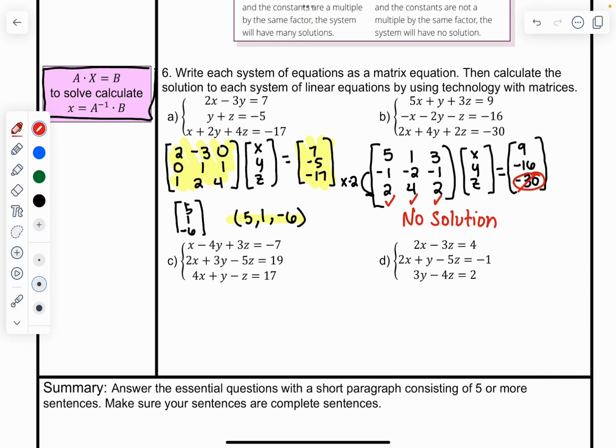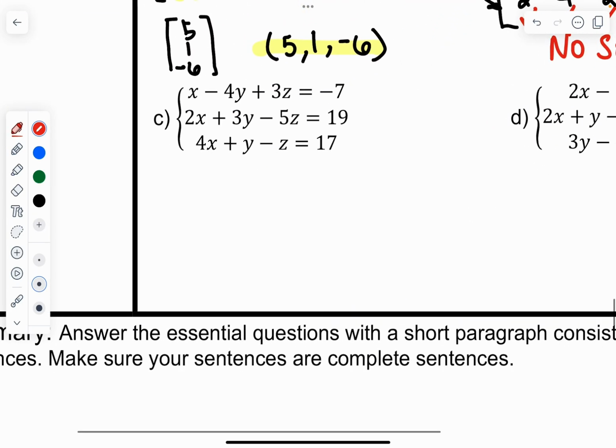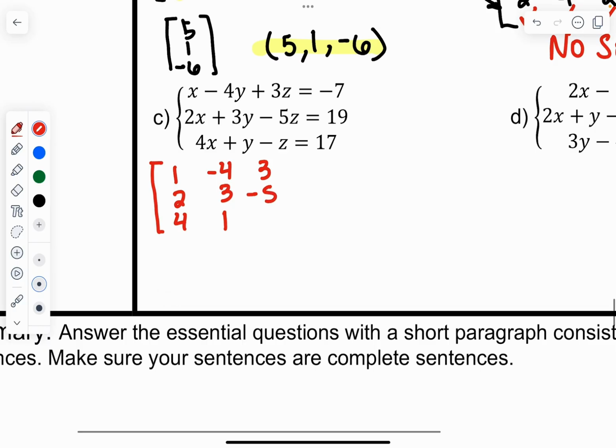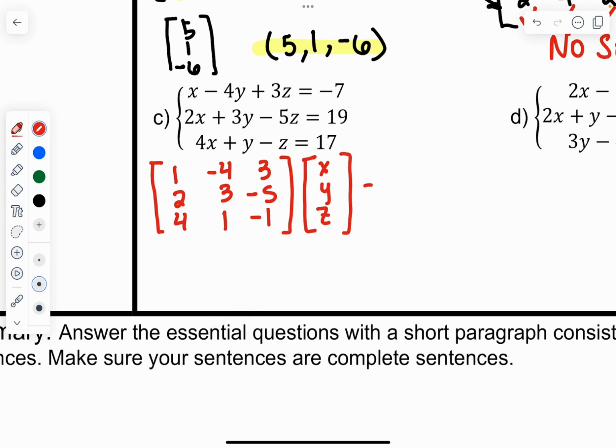Okay, so let's keep on going. So let's write our matrix equation. So we have 1, 2, 4, -4, 3, 1, 3, -5, -1 times our variable matrix equal to -7, 19, and 17.